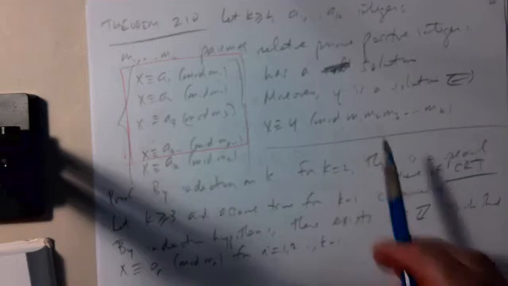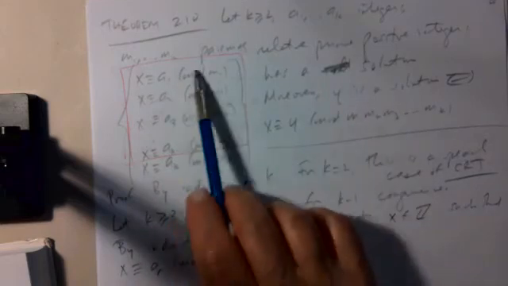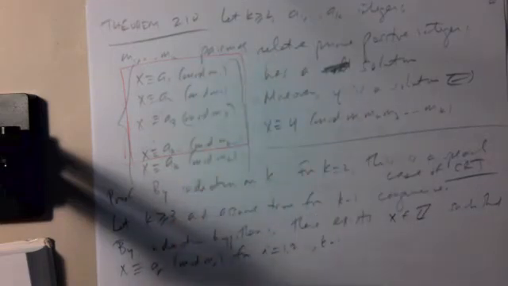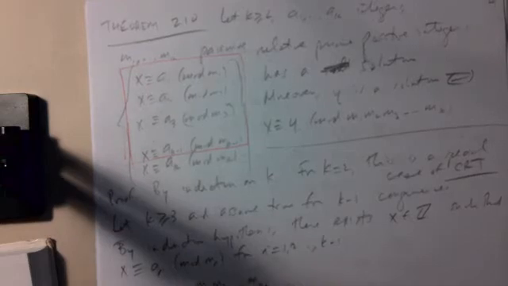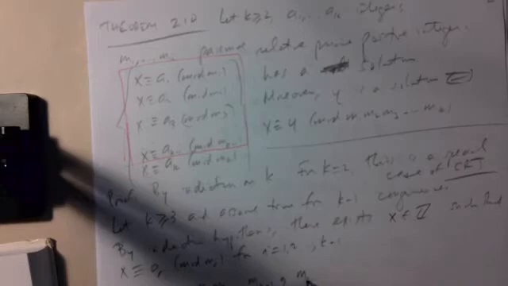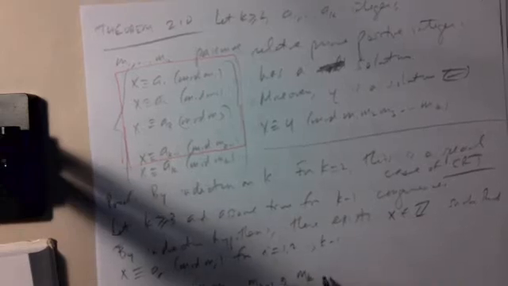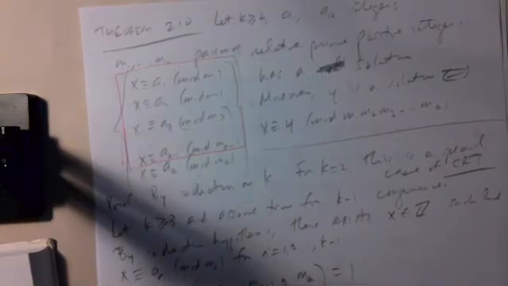But because the moduli are pairwise relatively prime, if I take the product of the first k minus 1 moduli and the last, these two integers are relatively prime.